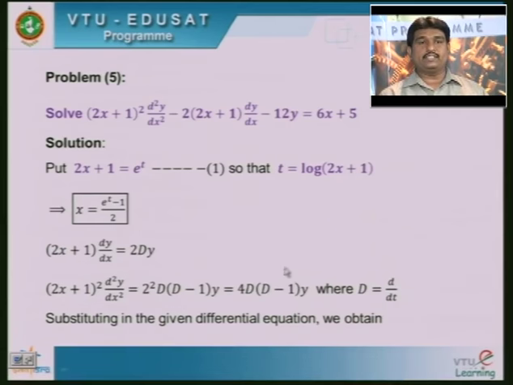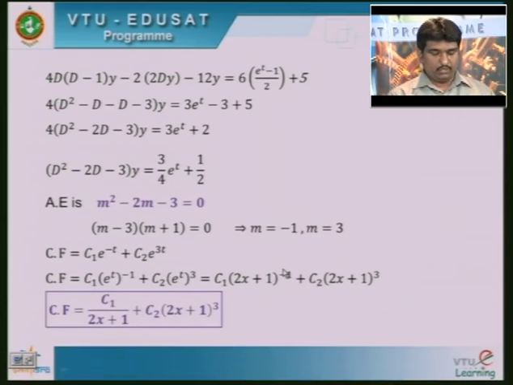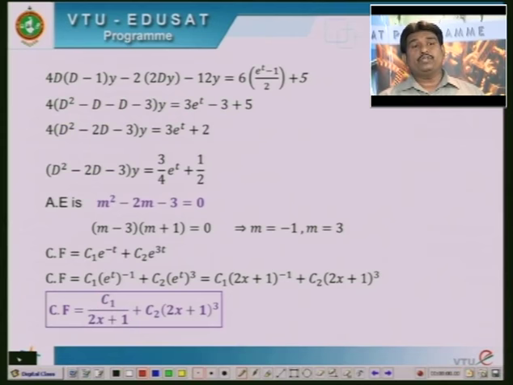If we substitute all these into the given differential equation, we get 4D(D−1)y − 2 times 2Dy − 12y = 6x + 5. The x part is (e^t − 1)/2.